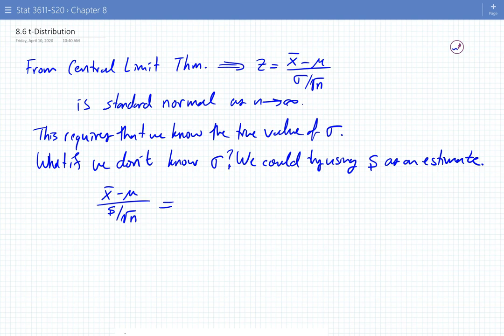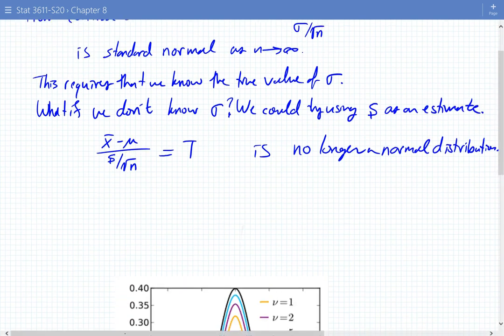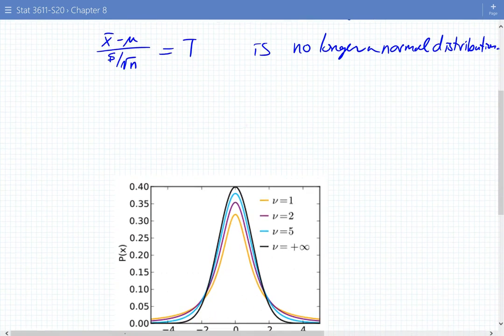This is no longer a normal distribution. So we're going to call it t instead of z. All right. And so what is t here?